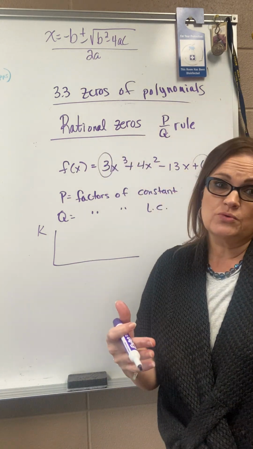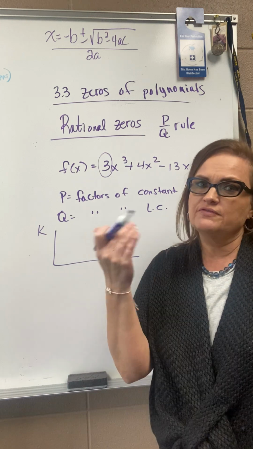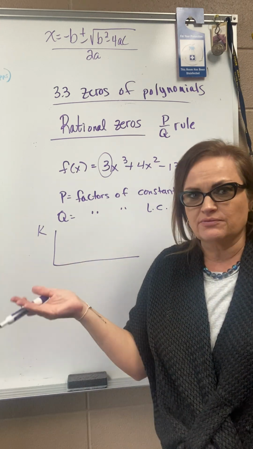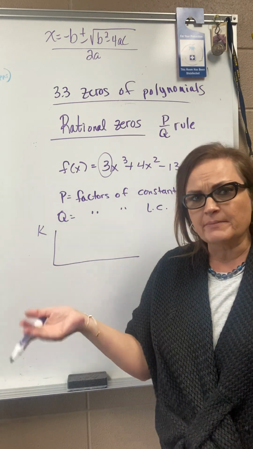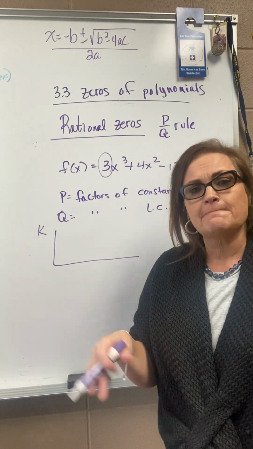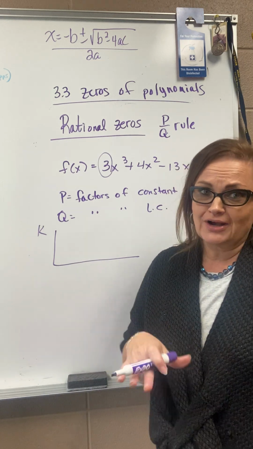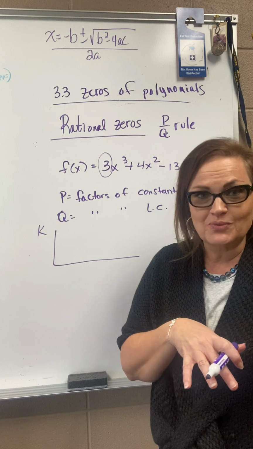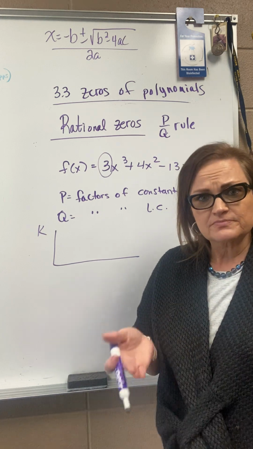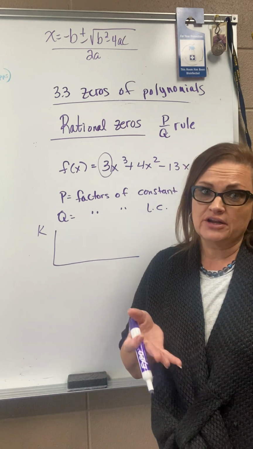Now this won't account for any imaginary zeros, or if it's the square root of 7, some irrational number or imaginary number, this won't find it. But your homework will be contrived to give you problems where this will work. So it works really nicely to find a lot of the zeros.